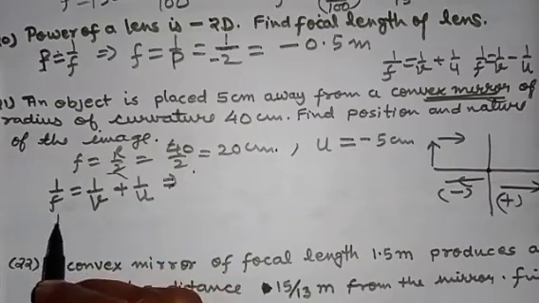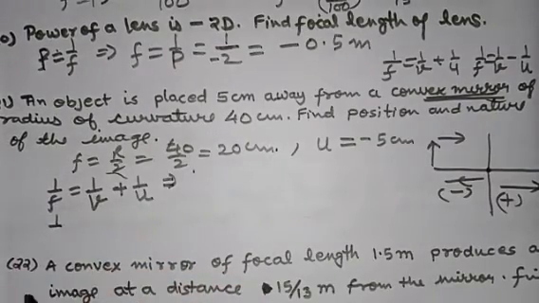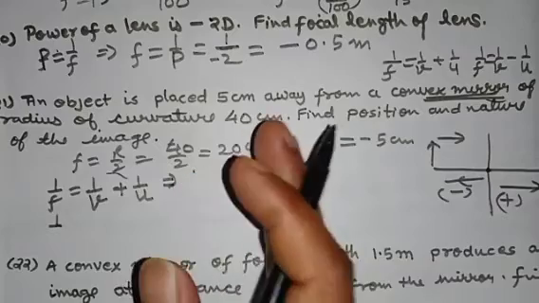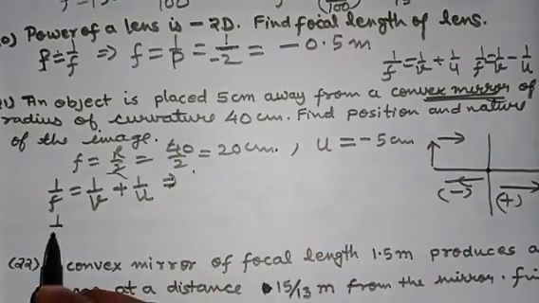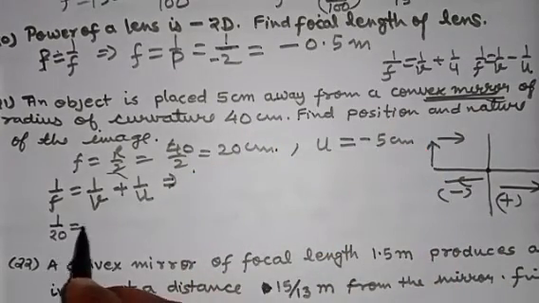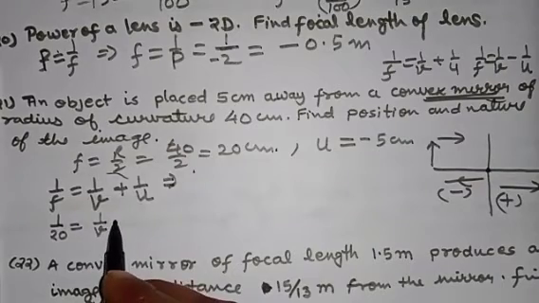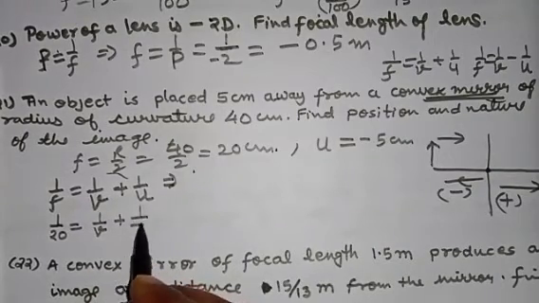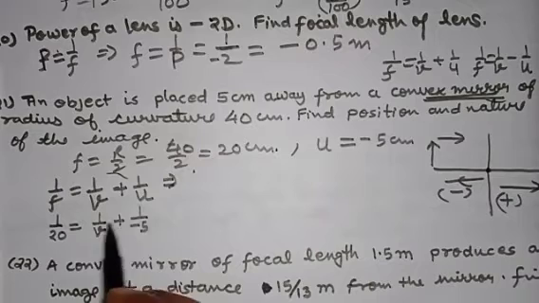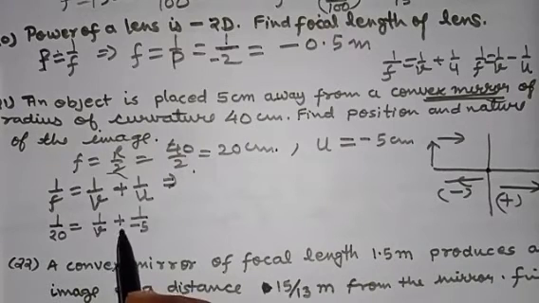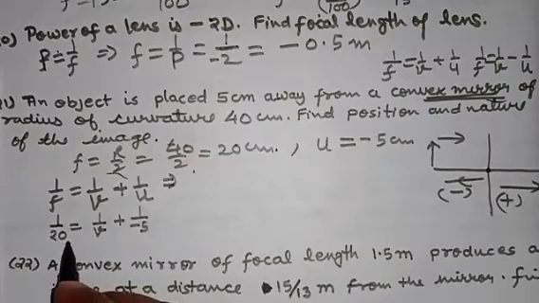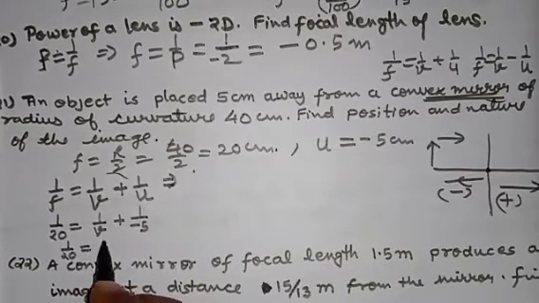So I'm doing it directly below, and then I will do the later part here as required. So 1 upon 20 is equal to 1 upon v, which we require, plus 1 upon minus 5. Those who are very good cover these things in the same step, but I'm not doing that in this step. It is time consuming, but I am using another step.